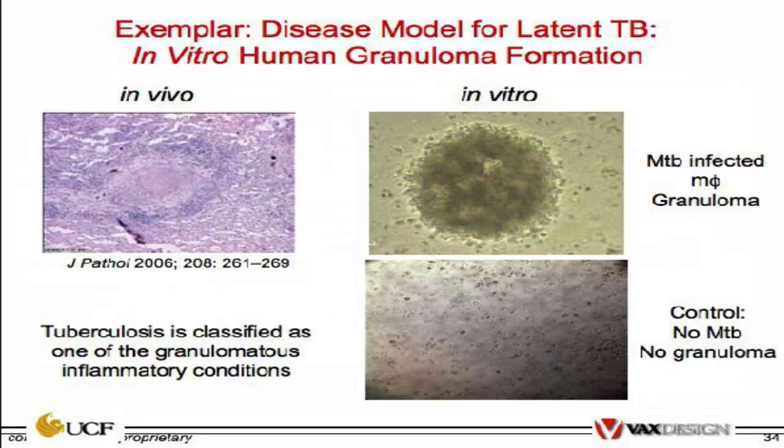We have recapitulated the granulomatous formation in three-dimensional constructs, and we can drive Mycobacterium tuberculosis to become latent in our system. Obviously, we have not found an antibody yet that will kill it in its latent stage, but we sure would like to find that.